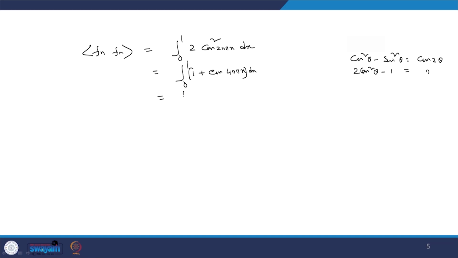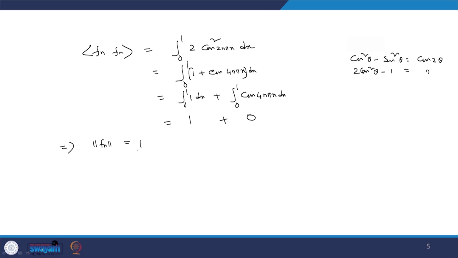Okay. This is equal to the integration from 0 to 1 of dx plus the integral from 0 to 1 of cos of 4 n pi x dx. So, this is equal to 1 plus 0. So, this implies the norm of Fn is equal to 1. We can also check the norm of Gn is also equal to 1.